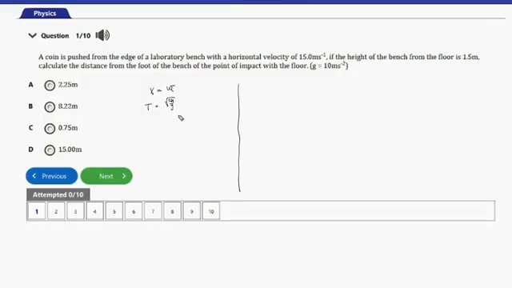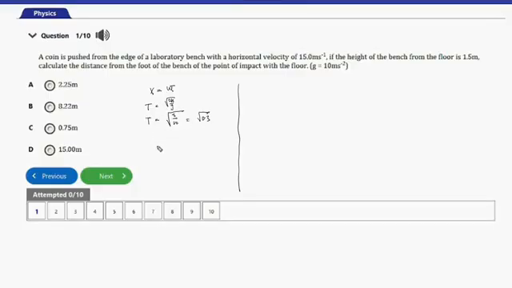The height of the bench, that's the maximum height here, is 1.5 meters, and 1.5 times 2 is 3. So 3 over 10 is actually 0.3. So in that case, t is equal to root 0.3.